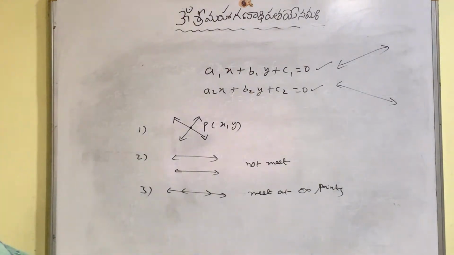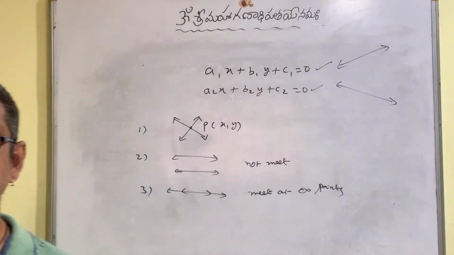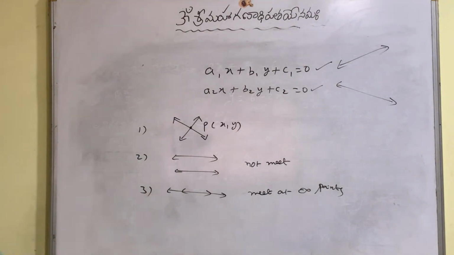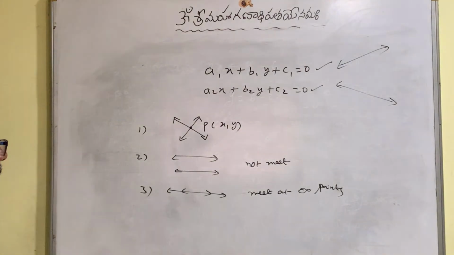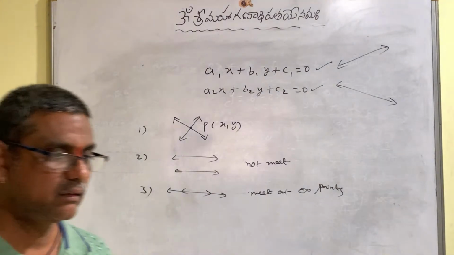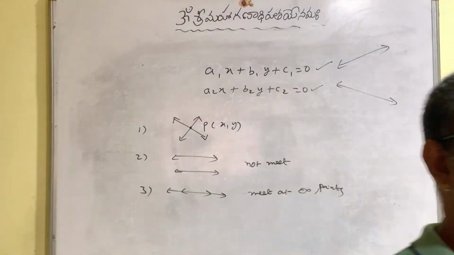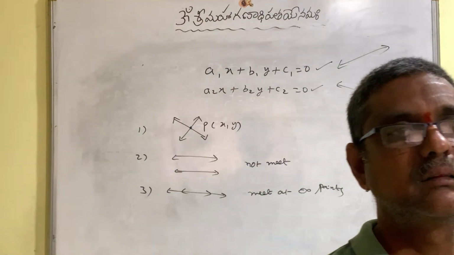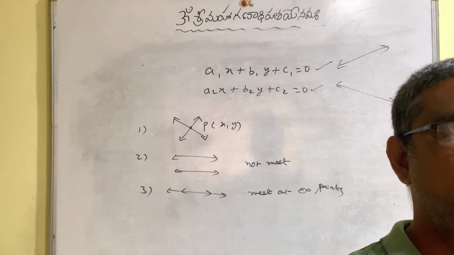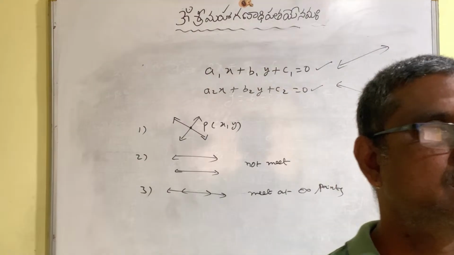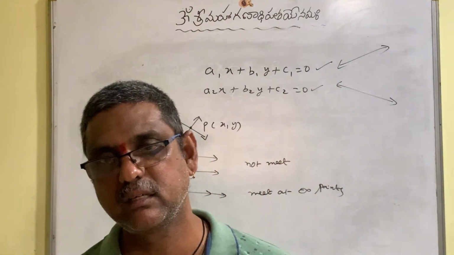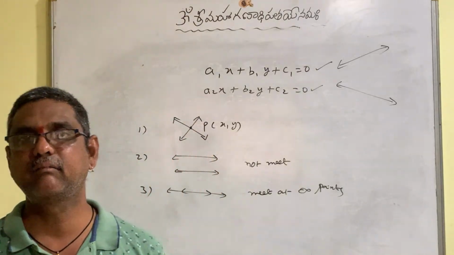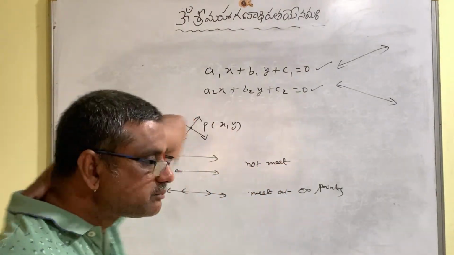This is what you have to observe. If two lines are intersecting, they will intersect at only one point. If they are not intersecting, they will not meet. That means no common solution, no common point for those lines.